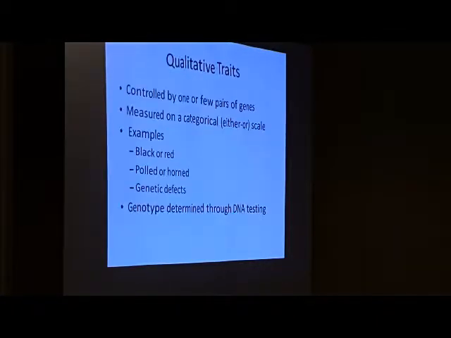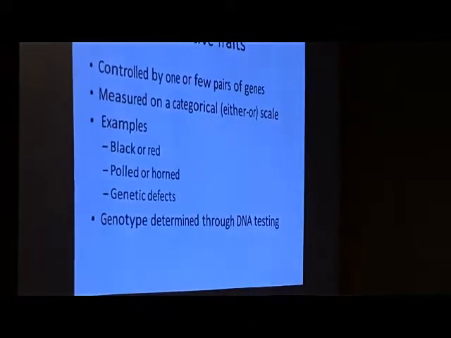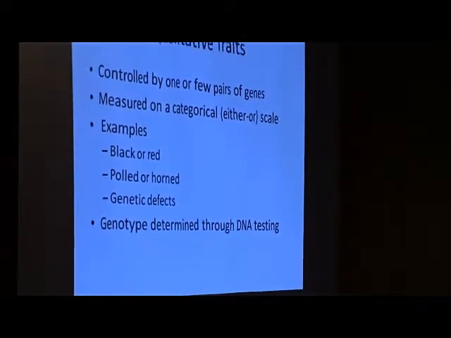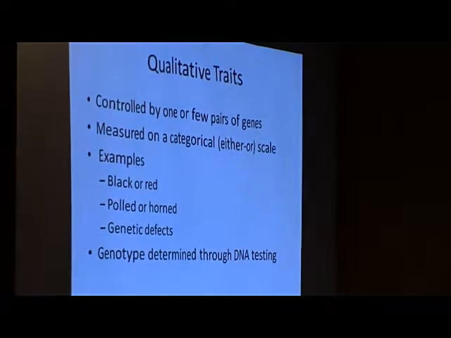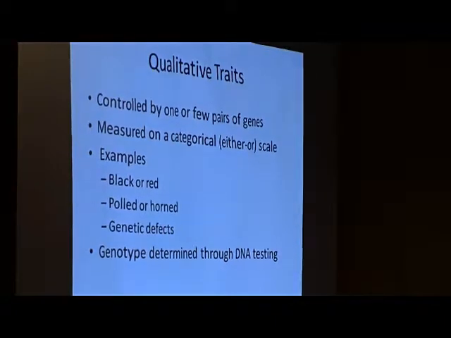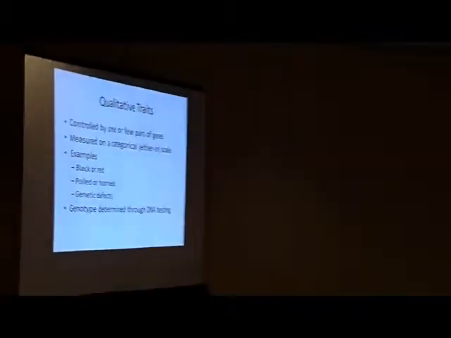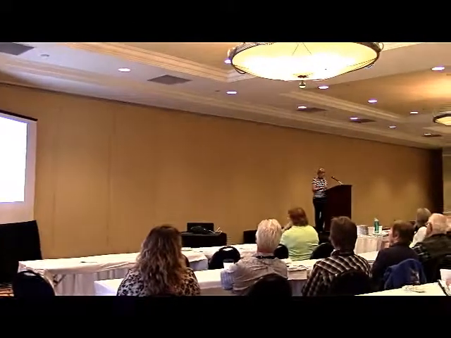What we call these are qualitative traits. These are traits that are controlled by just one or maybe two to five genes. They're measured on a categorical scale, which is an either-or type thing. When we think of things like coat color, the animal's either black or red. A lot of our genetic defects are like that. We might be hearing about one in Jackie's talk, or maybe tomorrow or the next day.